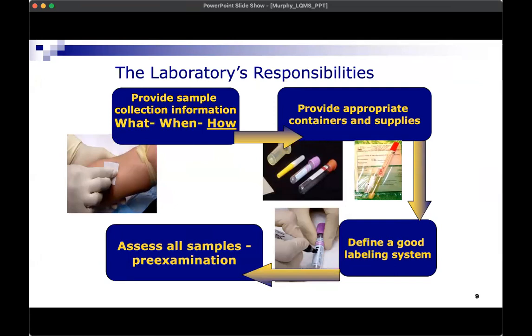Maybe with a sterile urine cup, using it past the expiration date might not be a big deal, but especially for containers that have preservatives in them, using them past the expiration date can have an effect on the sample and then the result. So it's really important to keep on top of checking those expiration dates. And we're going to talk about labeling additionally in a second.